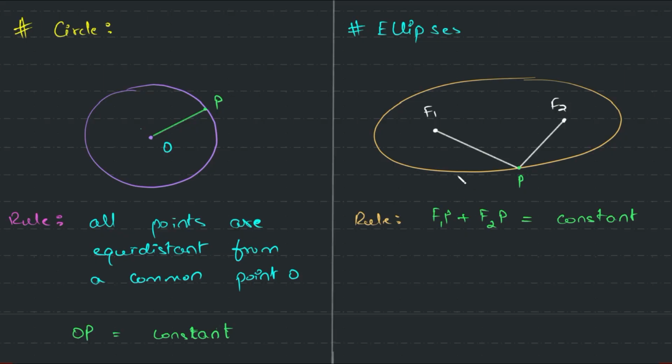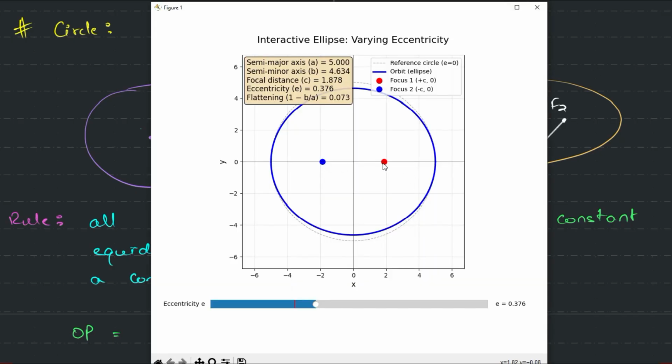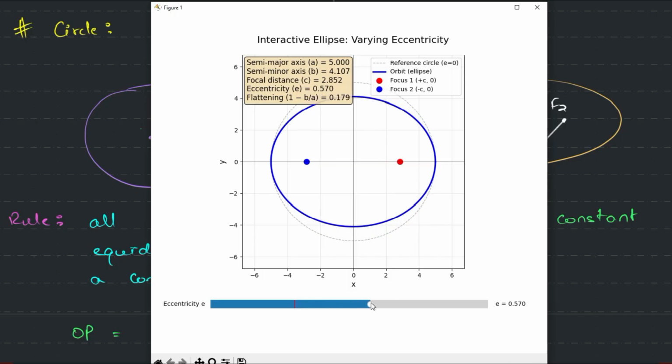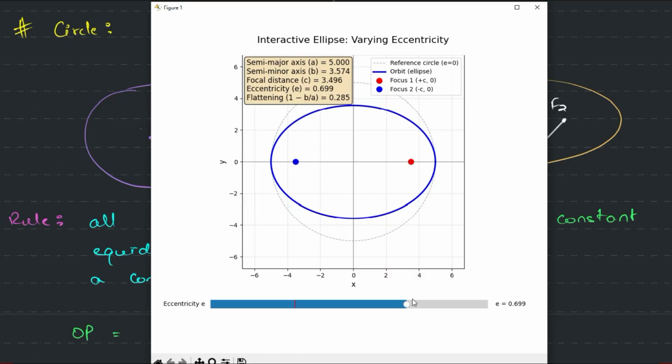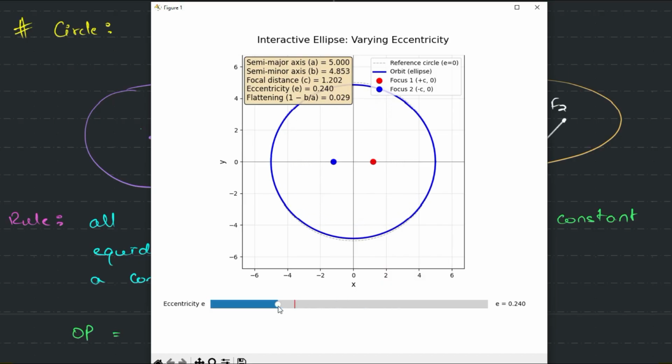Now, depending on how far apart the focuses are, your shape will change. For example, here is a simulation wherein I can change the distance between the focus. Now the distance is increasing, now it is decreasing. If I go to the least value, it becomes a circle. If I increase the distance between them, it elongates.